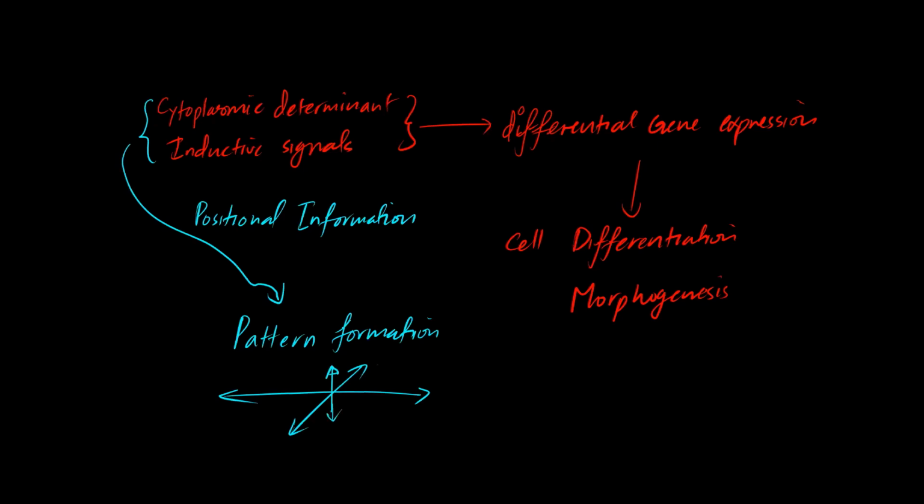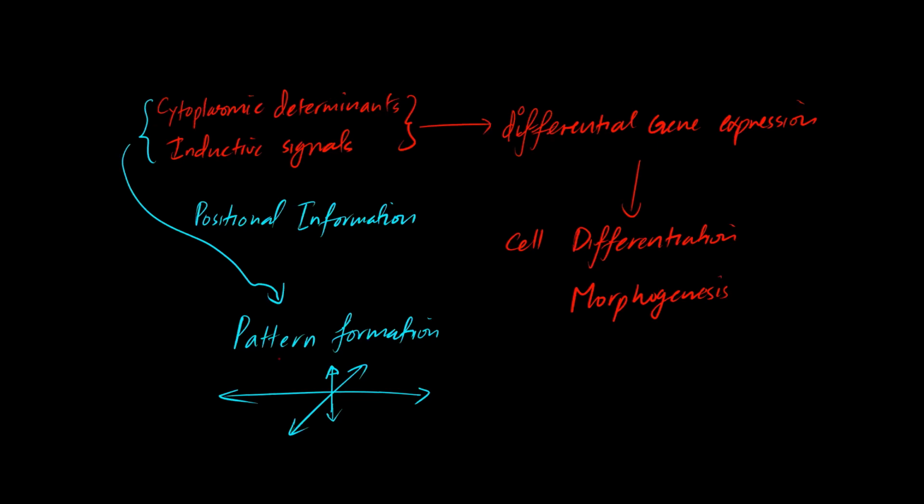So in pattern formation, the major body axes are formed because of these cytoplasmic determinants and inductive signals that start acting on or influencing the development of the embryo even at a very early stage during embryogenesis.